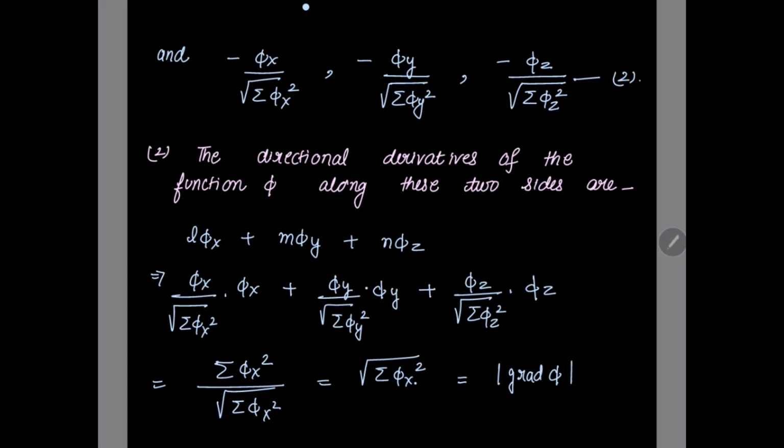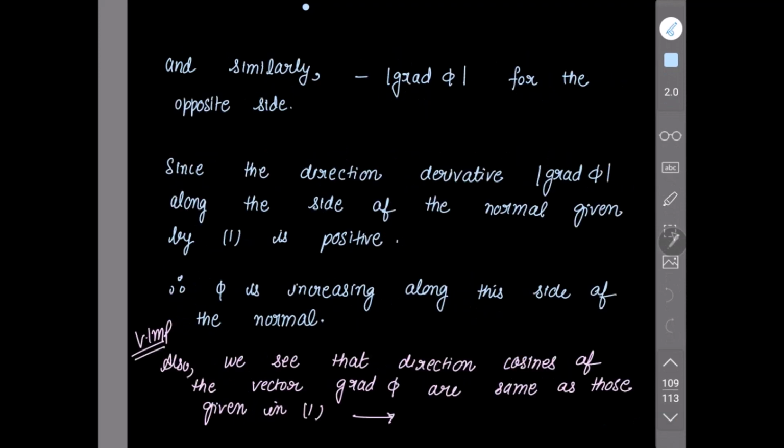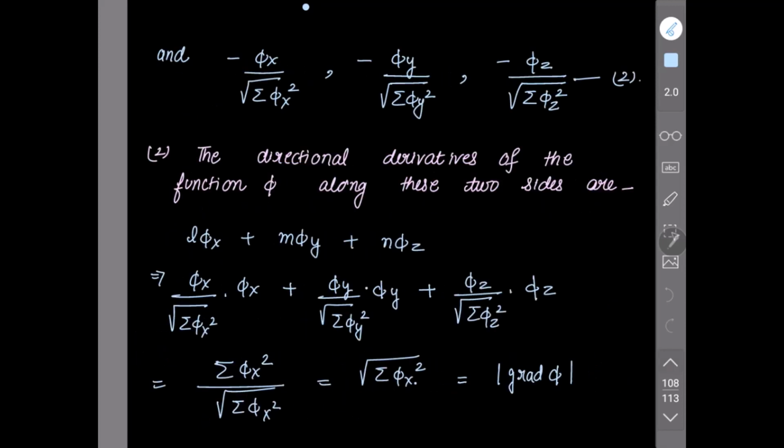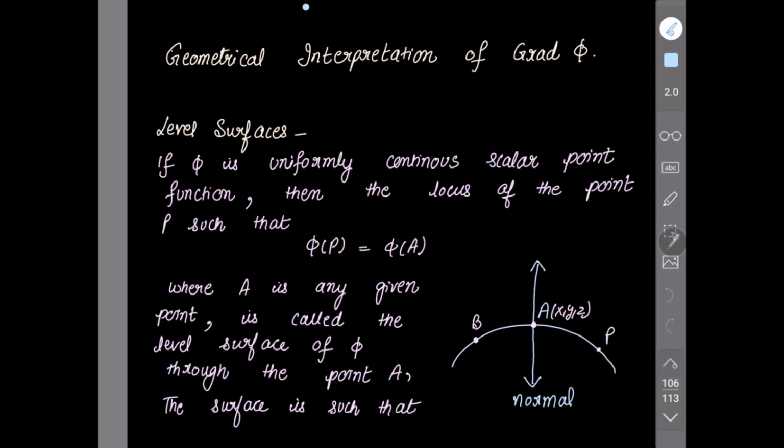Now similarly, if we take the negative direction cosines, then I have minus mod of grad phi for the opposite side. Now since the directional derivative mod grad phi along the side of the normal given by 1 is positive, therefore phi is increasing along this side of the normal. Where is phi increasing? Phi is increasing along this side of the normal.